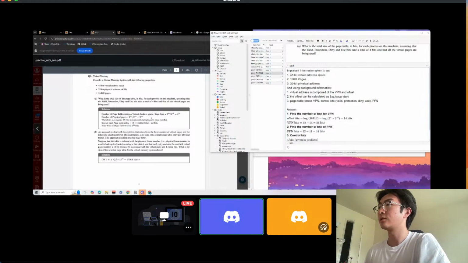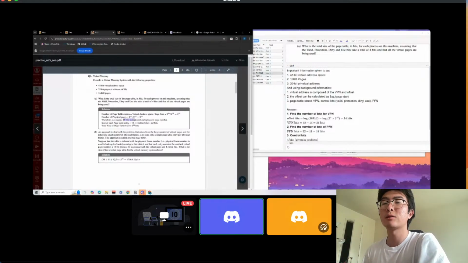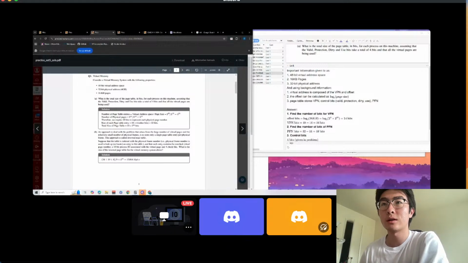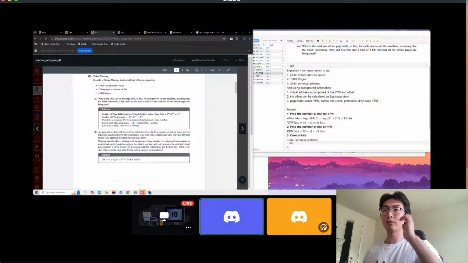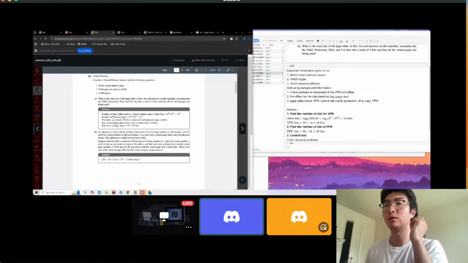Number of physical pages is equal to 18, right? So this is going to be our offset. 18 bits to represent each physical page number. Okay, so size of each page table entry, so 18 plus 24. Each page table entry then only stores the number of bits for the physical page and the valid bits. Okay.